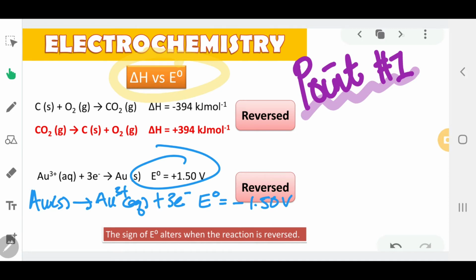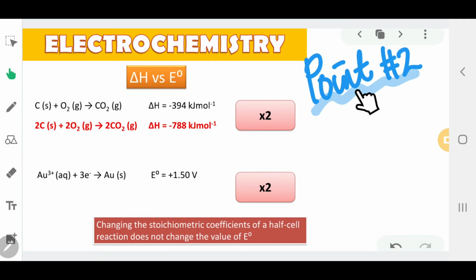But in point 2, what happens if you multiply by a certain number? Let's say you have this reaction on top, and this one has the enthalpy value of negative 394 kilojoules per mole. If I multiply the whole thing over here by 2, the delta H will also be multiplied by the same number, as you can see right there.